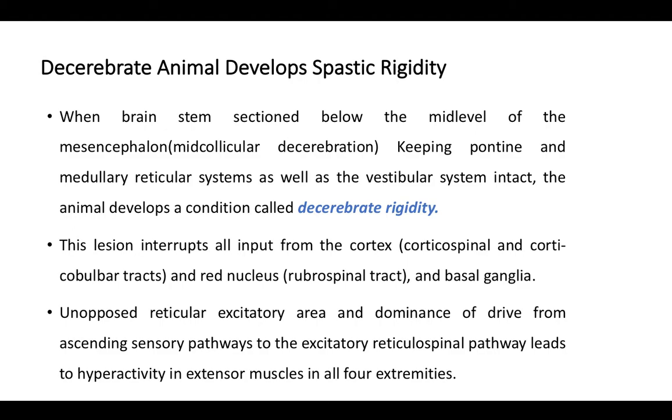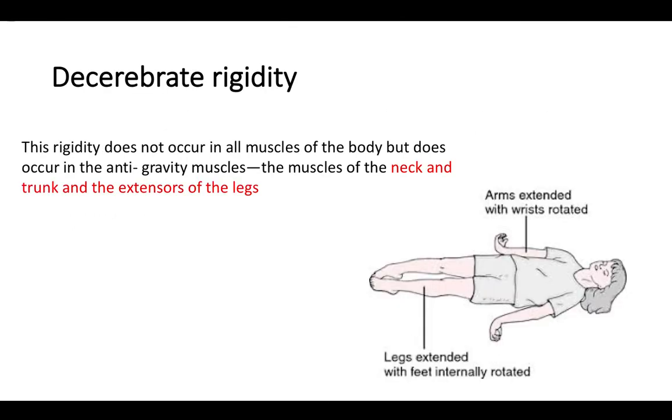Decerebrate rigidity is a state when the extensor muscles go into hyperactivity, and this is how the posture looks when the mid-collicular decerebration is done.